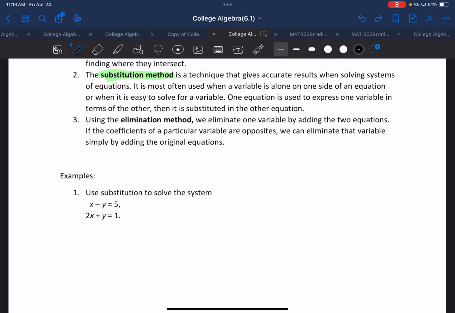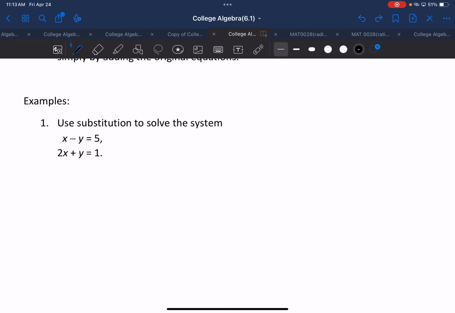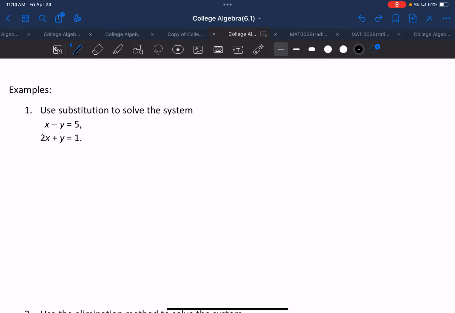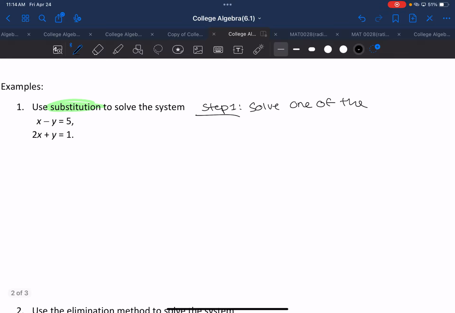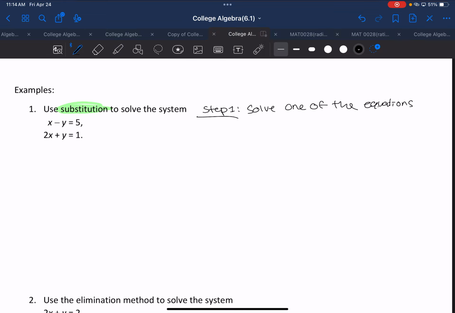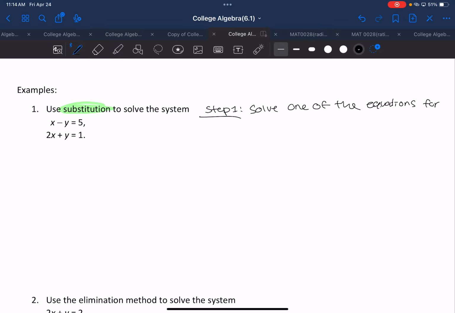But let me just write it out for you instead of trying to say it. Okay, so if we do the substitution method, the first step is to solve one of the equations for one of the variables.